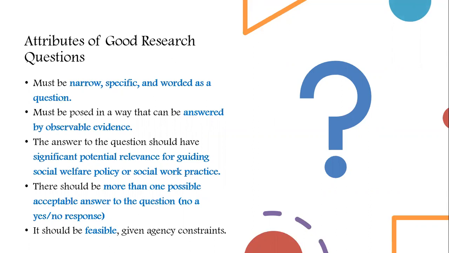And so if we think back to our discussion on evidence-based practice, we talked about the idea that even in implementing the evidence-based practice process, we are still operating within a larger organizational or environmental context. And the same is true when we're conducting research in an agency context.